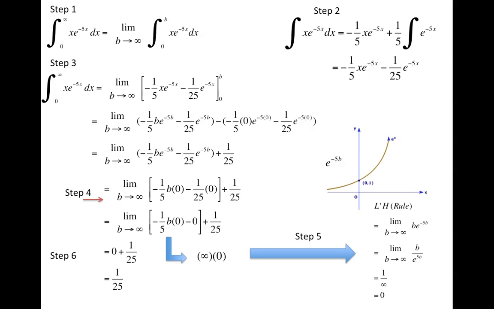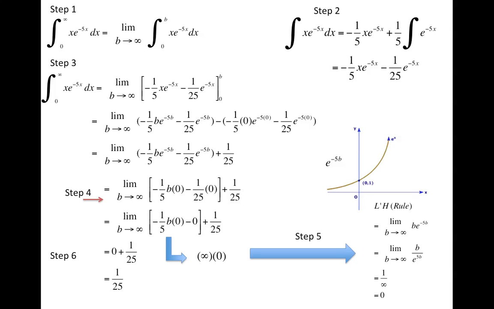And then when we plug in the values individually, we get negative 1 over 5 b times e to the power of negative 5b minus 1 over 25 e to the power of negative 5b, minus, when we plug in 0, negative 1 over 5 times 0 times e to the power of negative 5 times 0 minus 1 over 25 e to the power of negative 5 times 0. e to the power of 0 is 1.